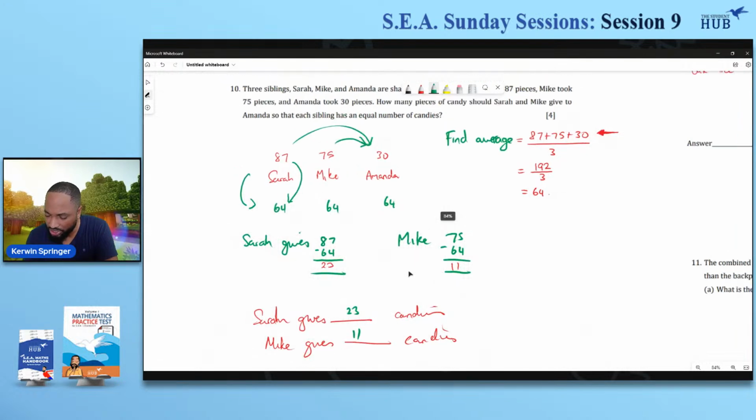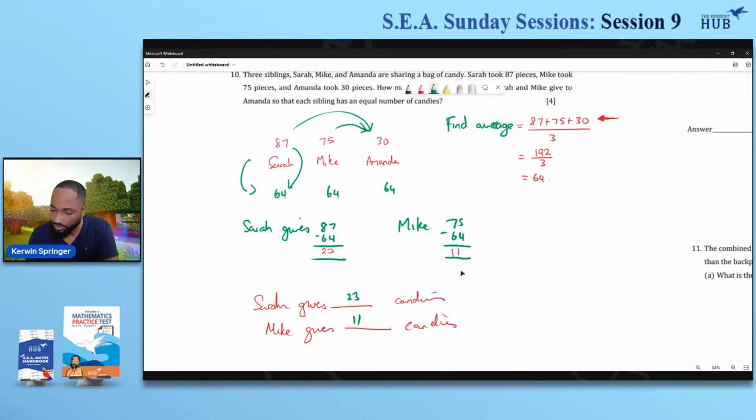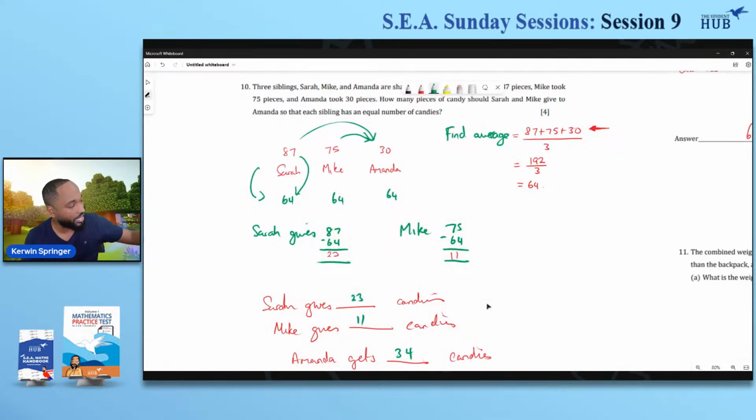But how the question is phrased might also insinuate that they just want the total amount of candies. So they may have something like Amanda gets, and you put your answer, which is the sum. Amanda will get the 23 and the 11, which is 34 candies. If you understand that type, I understand that too.